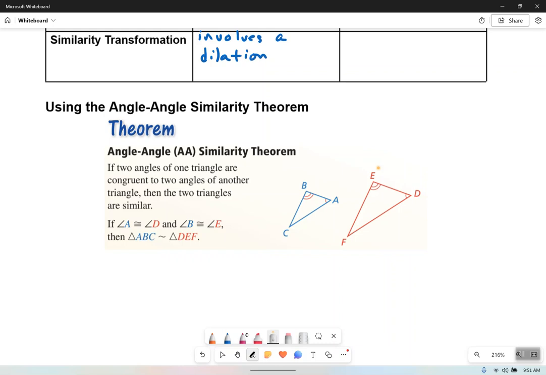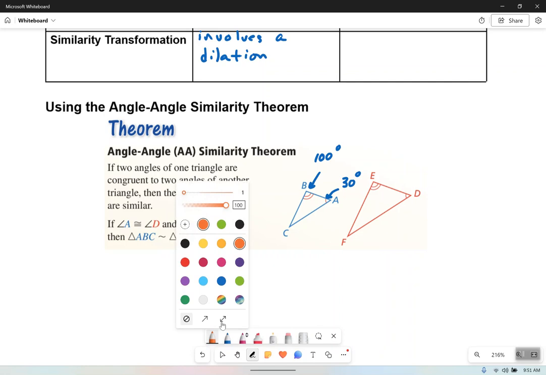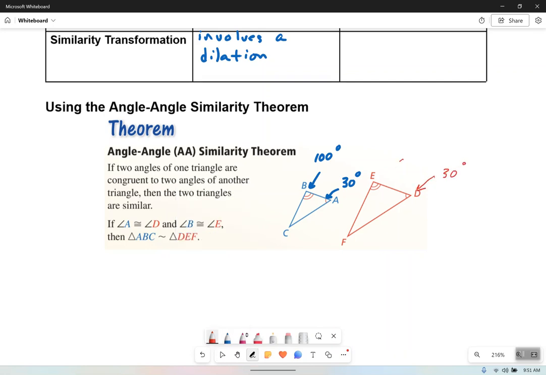Now let me just give you a reason why. Pretend that I say that this angle right down here is 30 degrees. And I say angle B is, I don't know, how about 100 degrees? Go over to the bigger triangle in red. What would angle D have to equal? What would angle E have to equal?